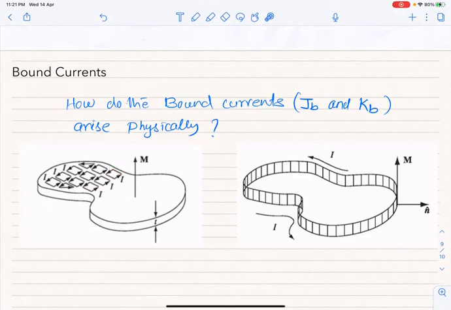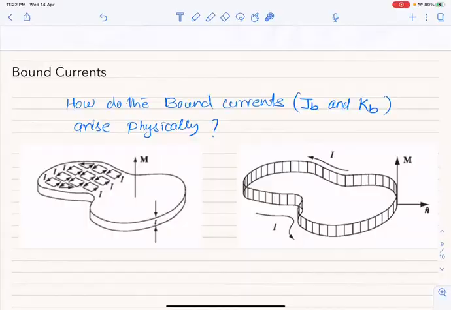So each dipole has a dipole moment perpendicular to this slab. Imagine there's a current I flowing in each loop, so all the internal I will cancel, and what remains is a ribbon where a current I is flowing.